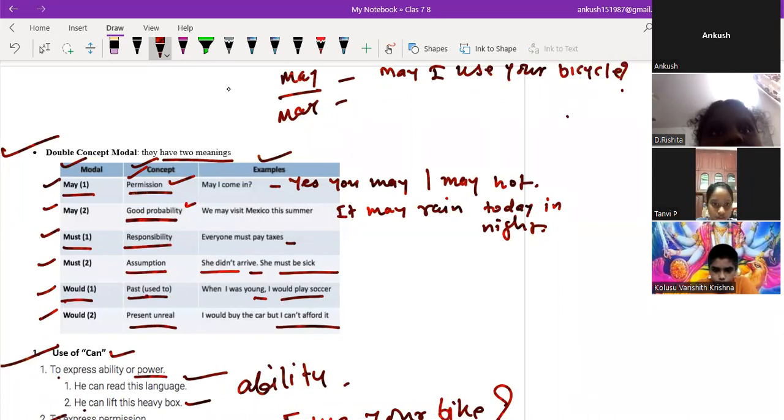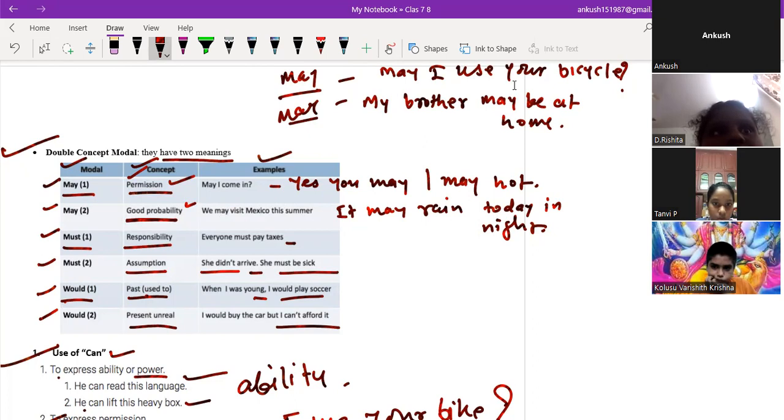Now, this is all about the permission that you are seeking. So this may is used in that way. Another may tells you the probability of whether something is going to happen or not. For example, my brother may be at home.